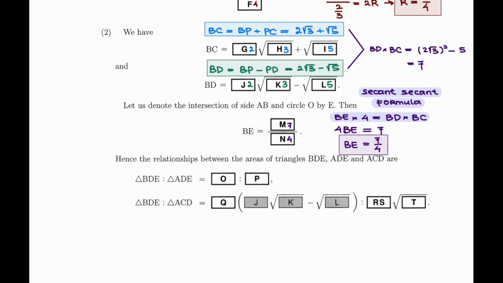Okay, last question. Hence, the relationship between the areas of triangle BDE, ADE, and ACD are blah blah blah. Now, we need to know the relationship between the area of BDE and the area of ADE.